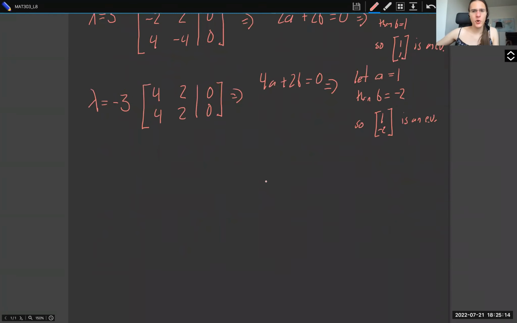Cool. So then what we have is I can summarize it as (1, 1) gets sent by A minus 3I to 0. And (1, -2) gets sent to 0 by A plus 3I.